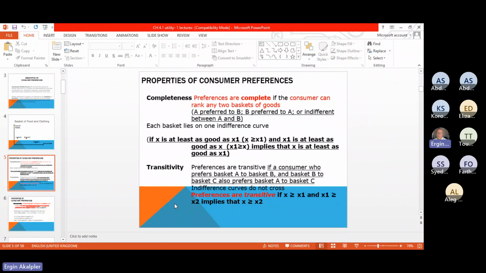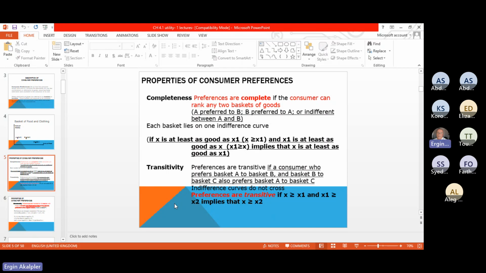If X is at least as good as X1, and X1 is at least as good as X, this implies that X is indifferent to X1.